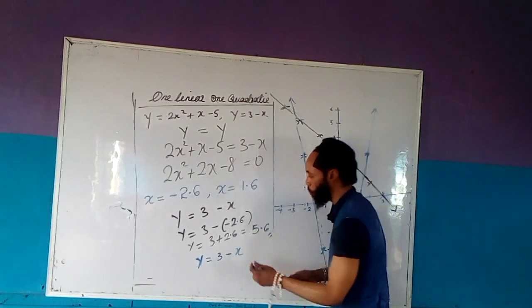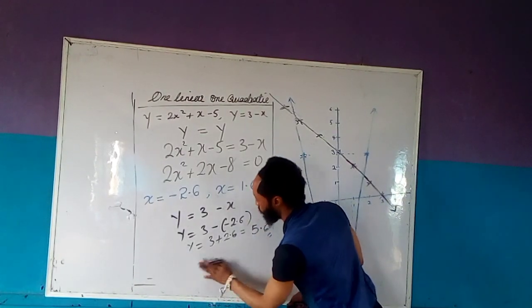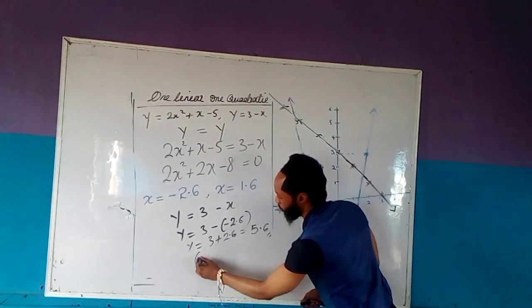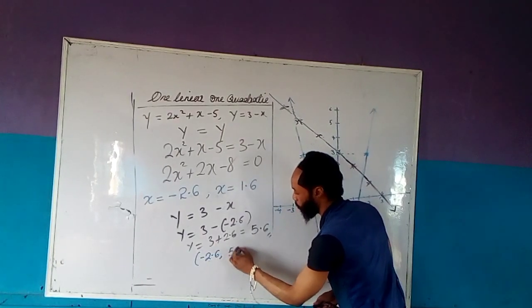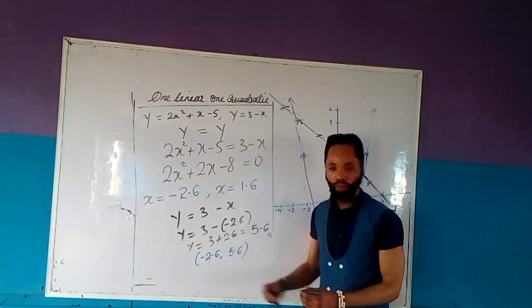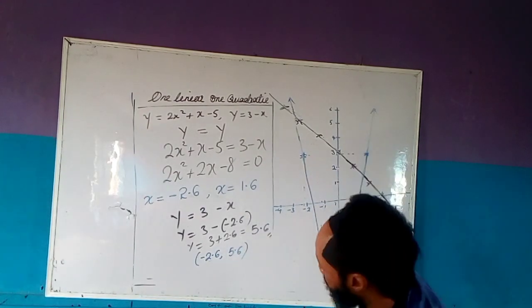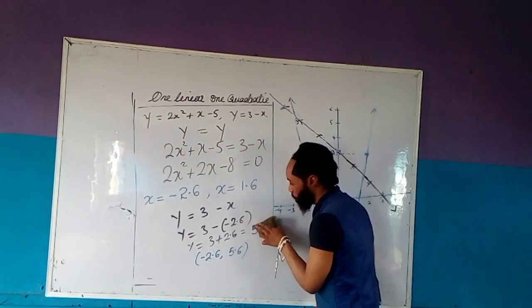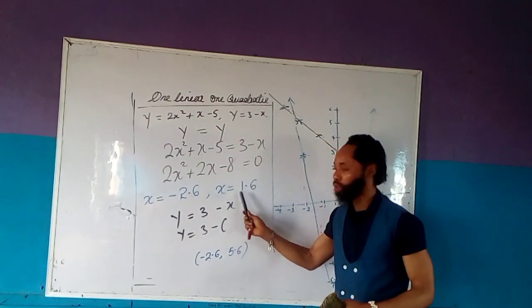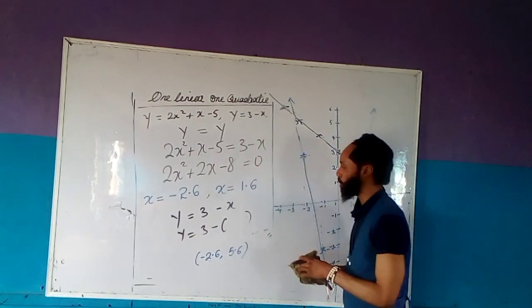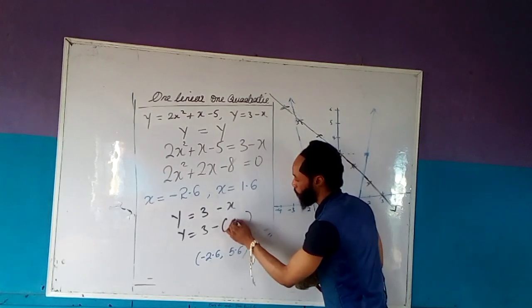We can create that point. You could say we create the coordinates by writing negative 2.6 comma what? 5.6. This is the coordinate of the first one. Then for the second case, we solve when x is 1.6.